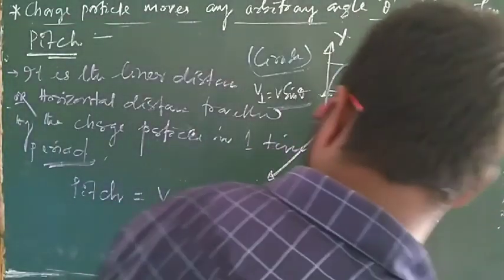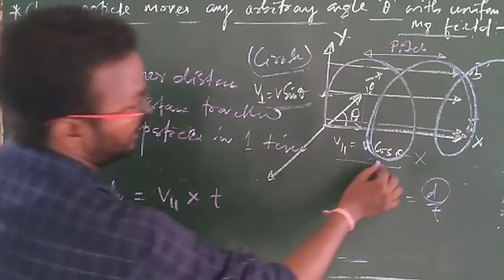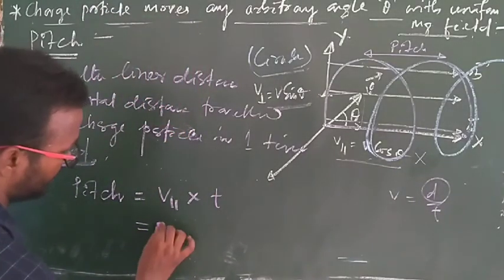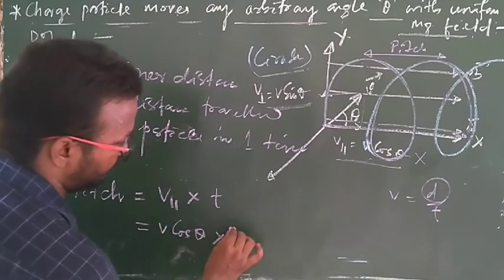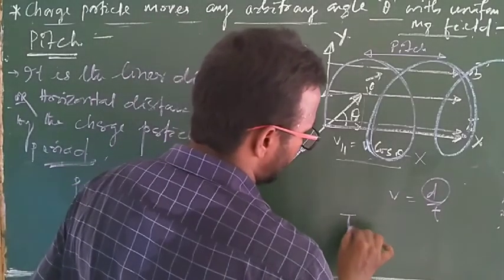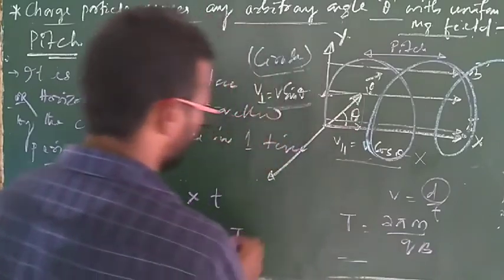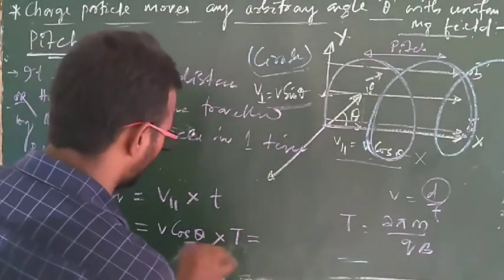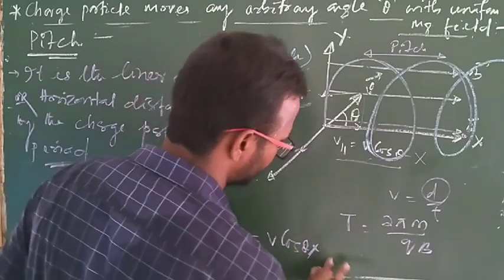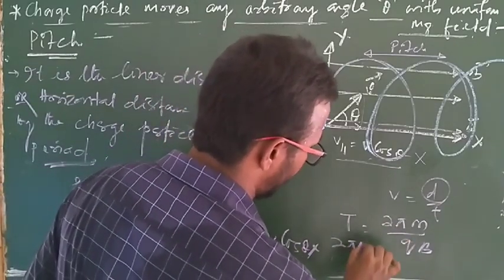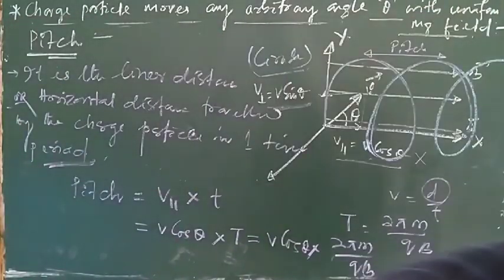Clear? Now if you use the value, v parallel equals v cos theta. So here v cos theta into total time period T, and here the total time period equals 2 pi m by qB. So you can use that: v cos theta into 2 pi m by qB. Clear?